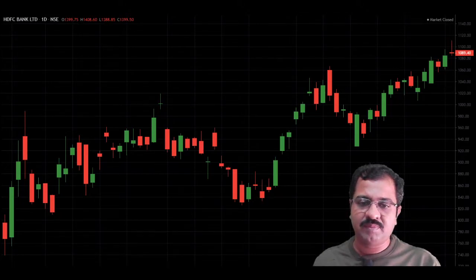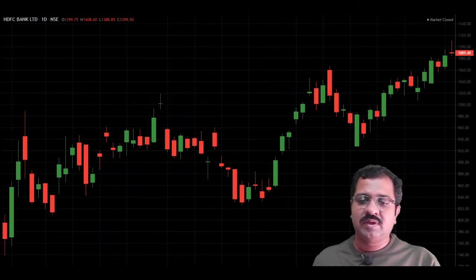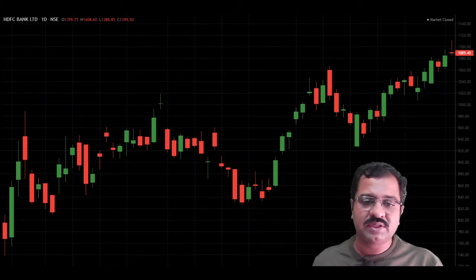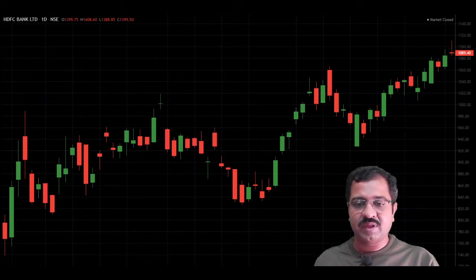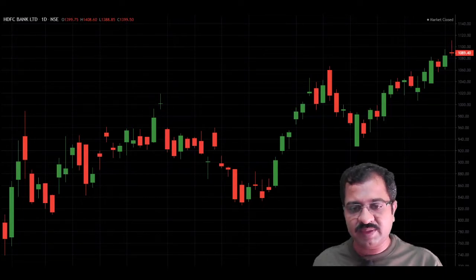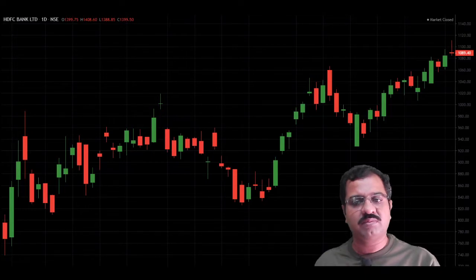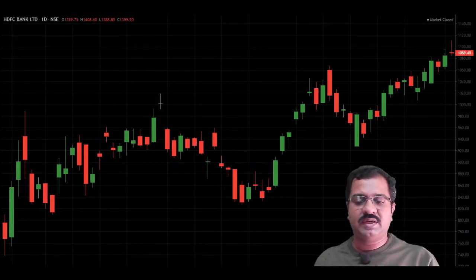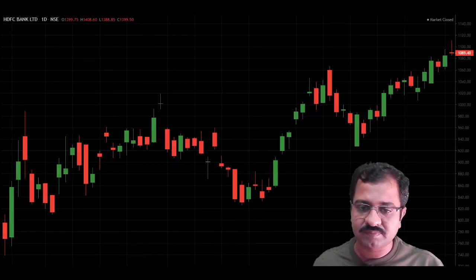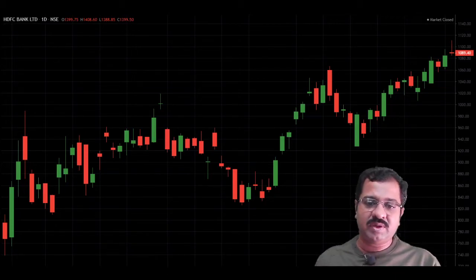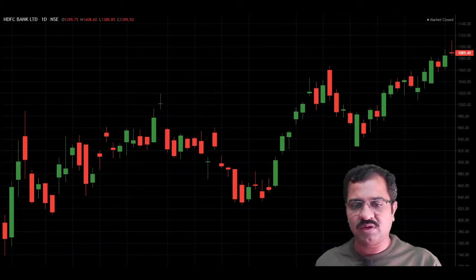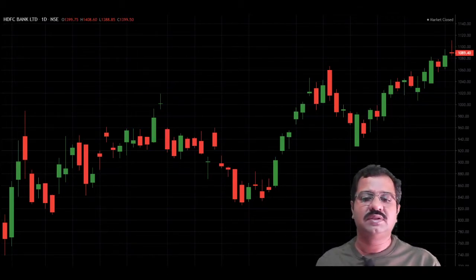But if this type of pattern, the dragonfly doji, is formed at the bottom, it indicates a probable reversal, because when prices were going down, all red candles were forming, right?